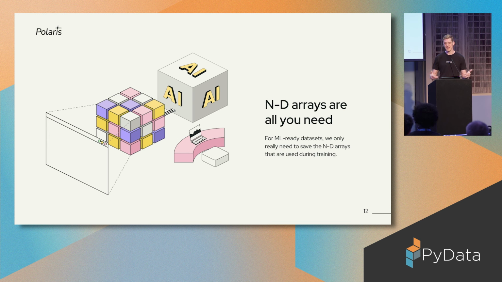And in some way, shape, or form, as input to your machine learning model, you typically work with n-dimensional arrays. So we don't need a way to save these very complex file formats and have different file handlers and read and write operations. No, we just need a way to save the ND data that you would typically feed as input to, or expect as output from, your machine learning models.